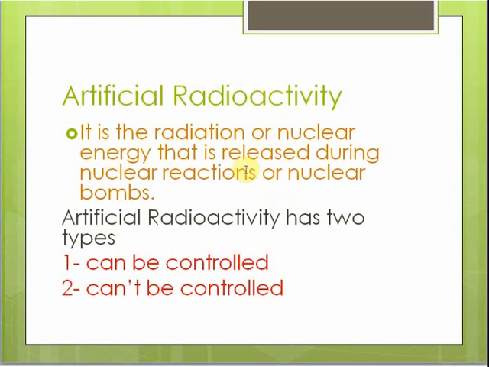The controlled reactions occur in the nuclear reactor that is used in generating electricity, while the reactions that can't be controlled are like the reactions that occur in the nuclear bombs.